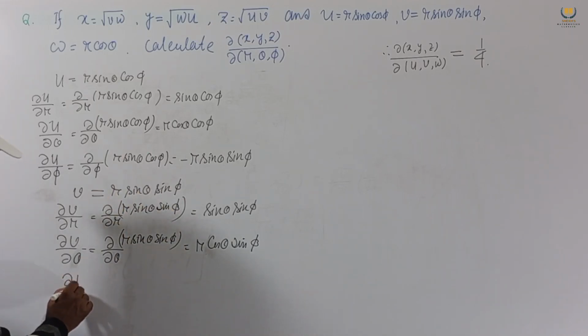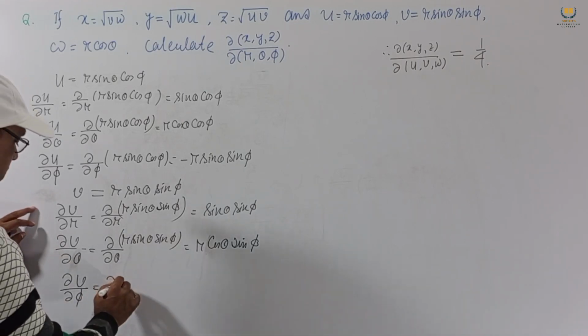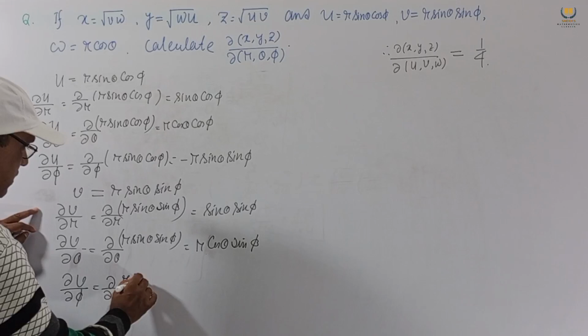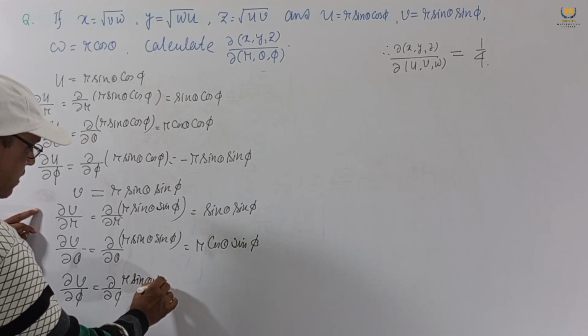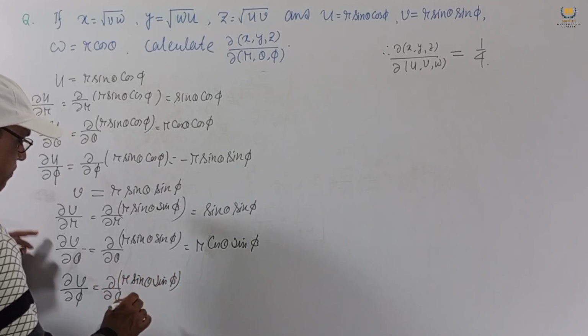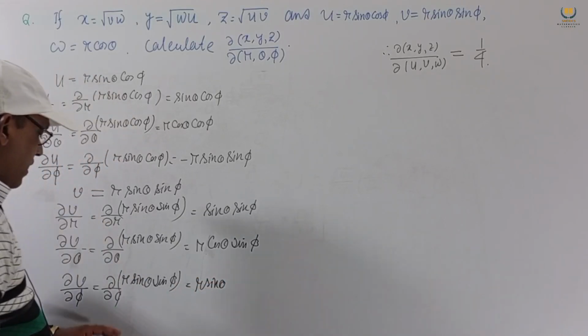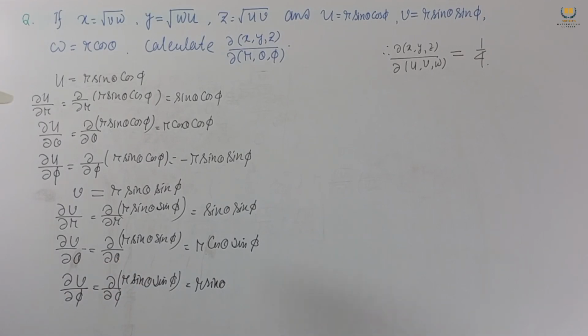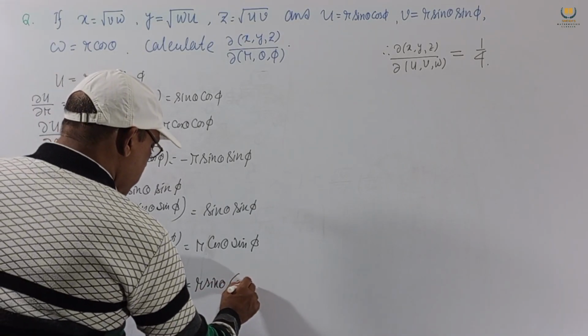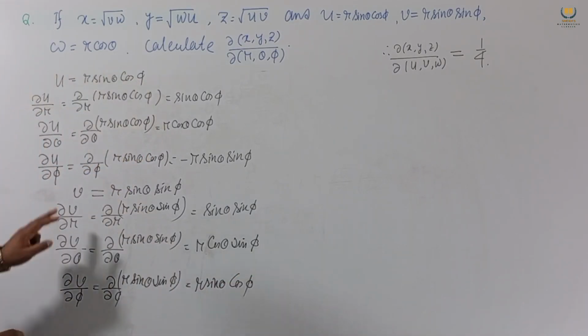Del v by del phi, del by del phi of v, which means r sin theta sin phi. So r sin theta remains the same, del by del phi of sin phi means cos phi. We get these: the del v by del r, del v by del theta, del v by del phi.